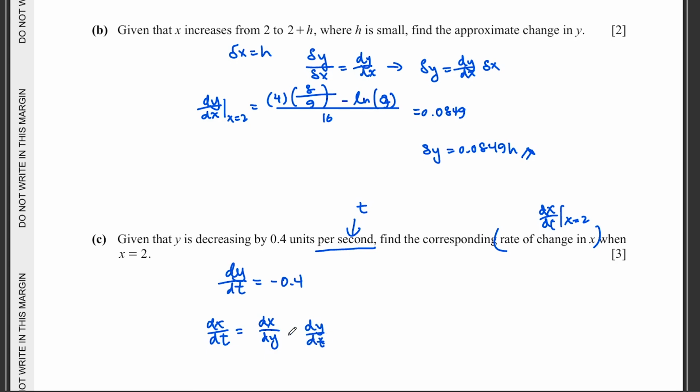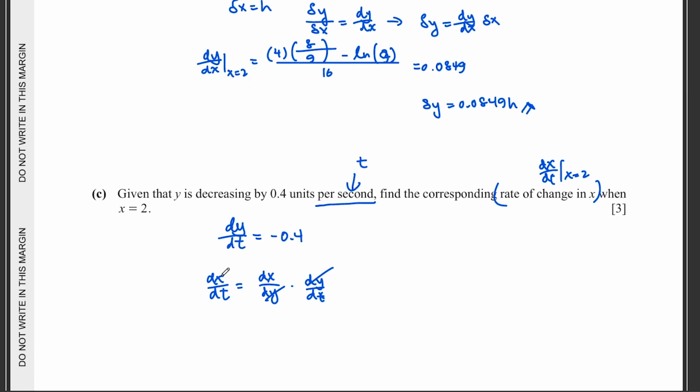So what it looks like is dy and dy cancel, right? And dx/dy is the reciprocal of dy/dx. So what we need to do here is 1 over dy/dx evaluated at x equals 2, multiplied by dy/dt, which is negative 0.4.